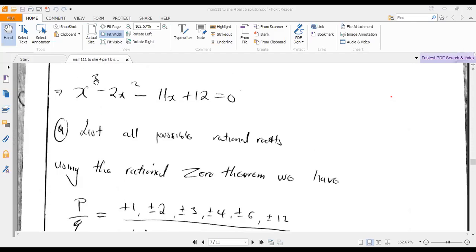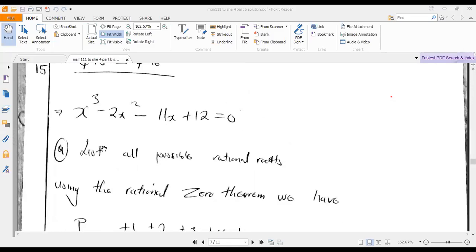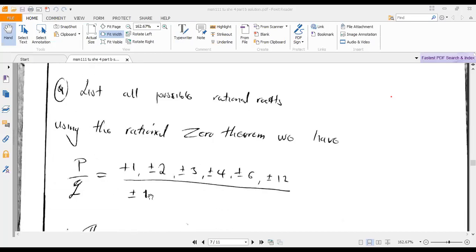So here we have x to the power 3. If this was 2 here, we could have had factors of 2. It would have been 1 and 2, isn't it? But here the coefficient is 1, right? So we say Q is 1. Then you just introduce plus or minus in front of this same 1.